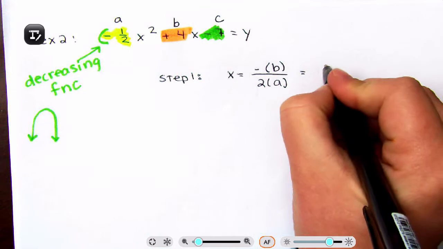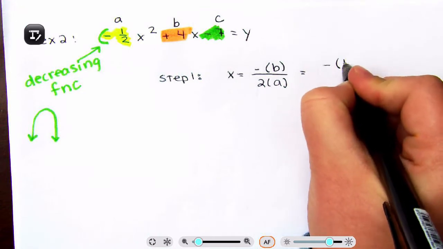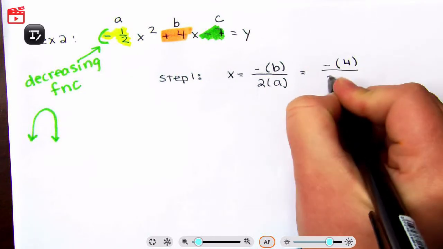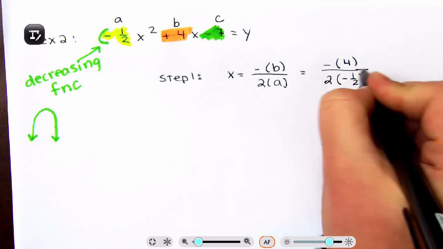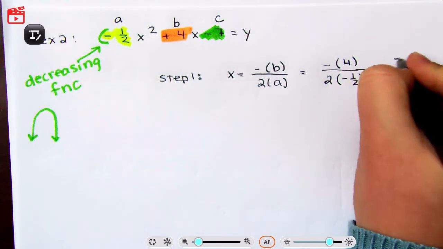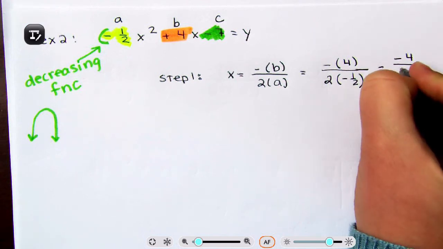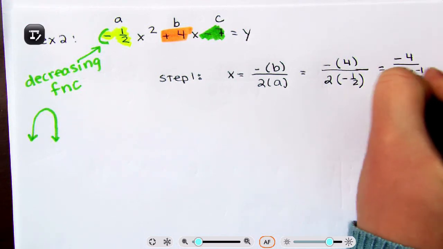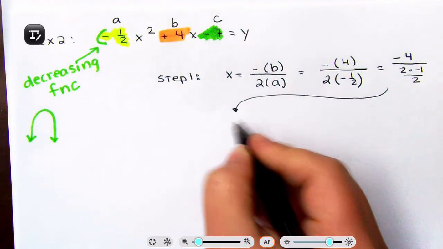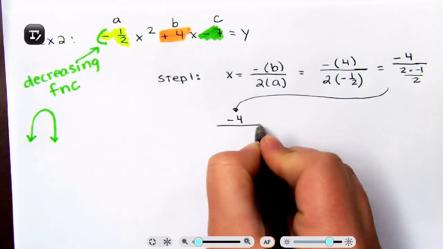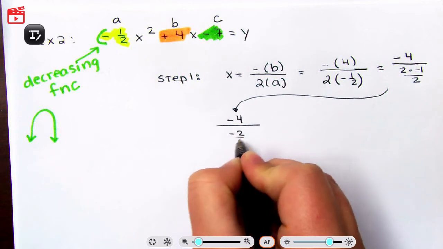So what do we have? We have a negative b, which is negative 4, divided by 2 times negative 1/2. So I have a negative 4 divided by 2 times negative 1 divided by 2. And I'm just doing this the long way just to show you what we have in the denominator. So I have negative 2 divided by 2.